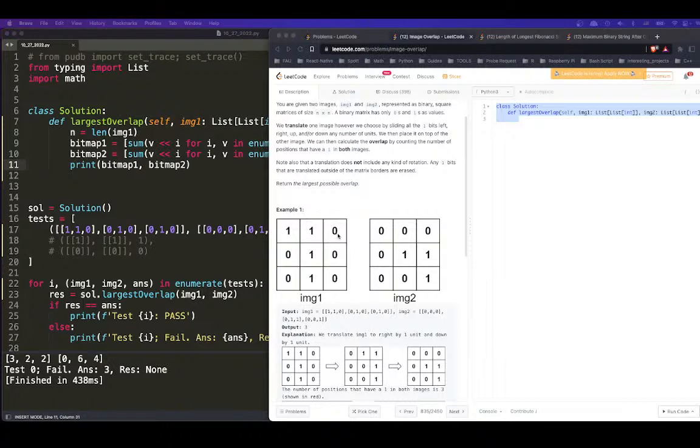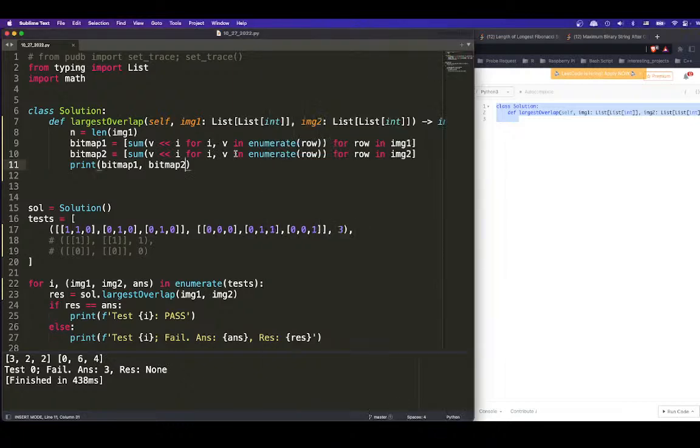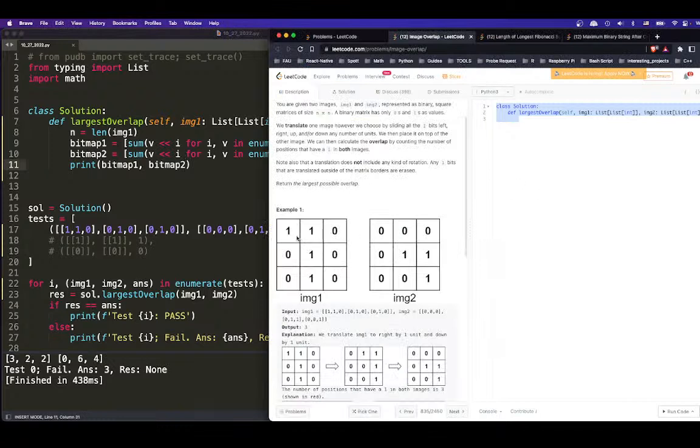No. Something is very wrong. A row in image1, right? It's 1, 1, 0.